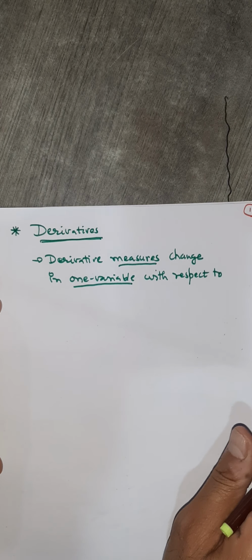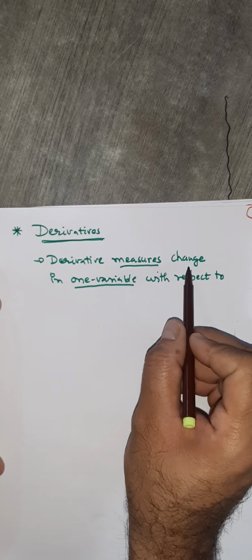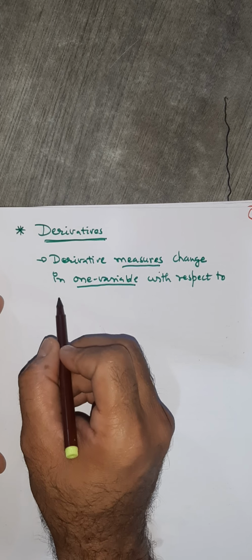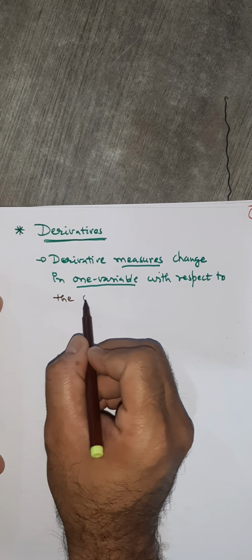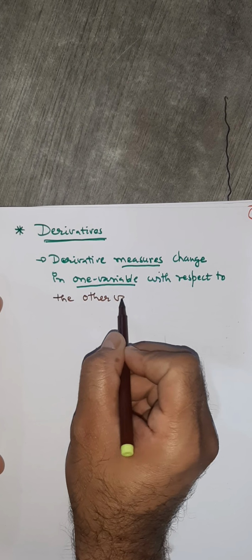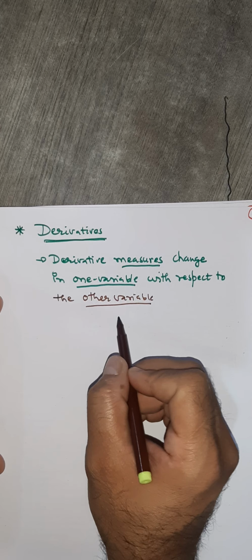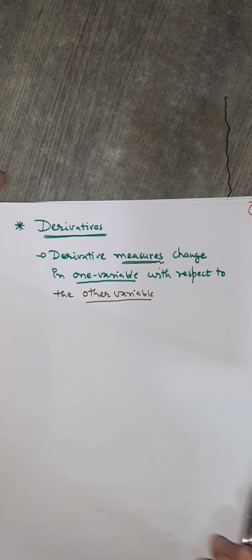There is some concept of relativity here. Derivative measures change in one variable with reference to the other variable. Change in one variable with respect to the other variable is measured by derivative.